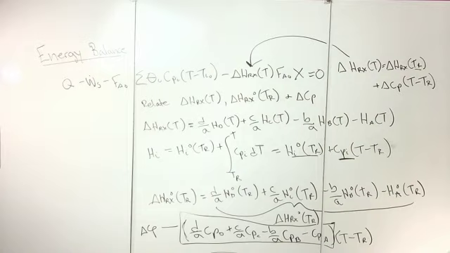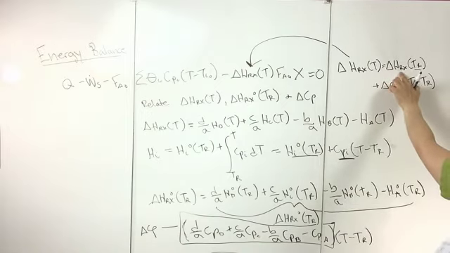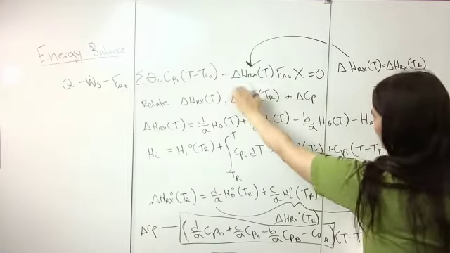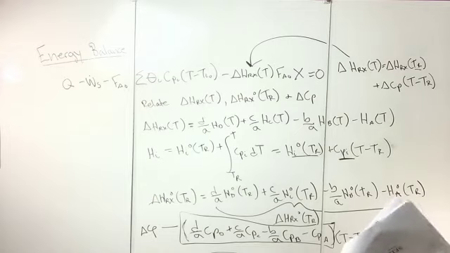You can probably find that online. You can find it in Perry's handbook or the Handbook of Chemistry and Physics. So that's why having your equation in terms of the heat of reaction at a reference temperature is more useful than having it in terms of whatever the output temperature of your reactor is.